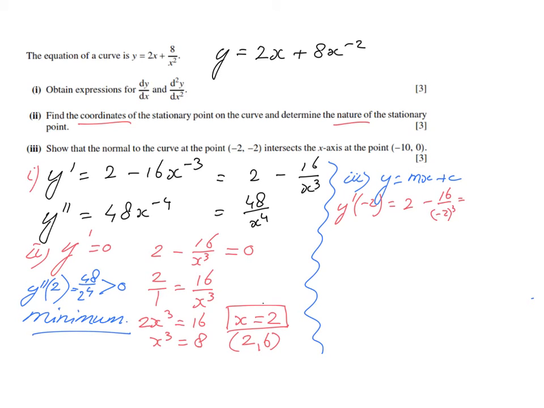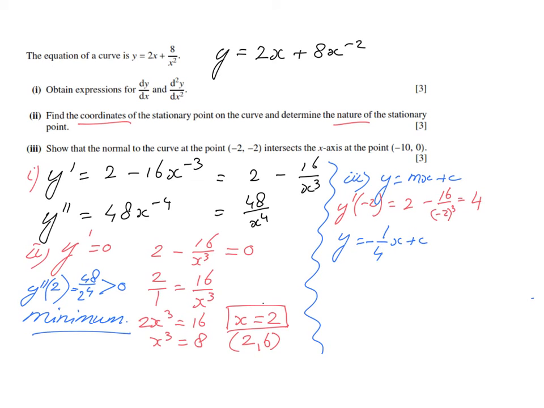If you plug that in your calculator, you get 4. So the gradient of the curve is 4. That means the gradient of the normal line is going to be 1 over 4, then the opposite sign, so minus 1 over 4 x plus c. So this is the equation of the normal line.